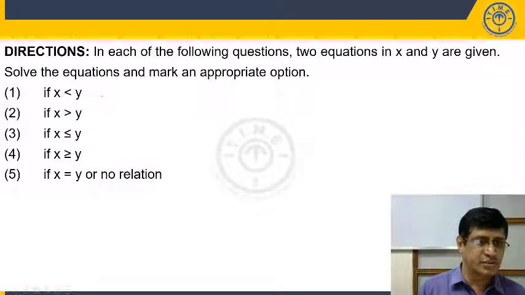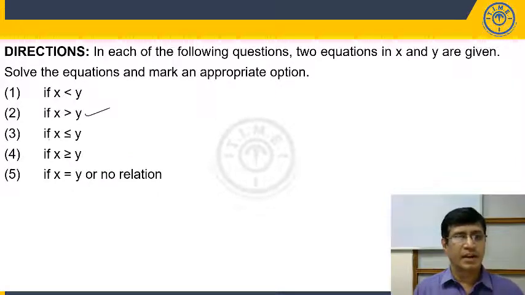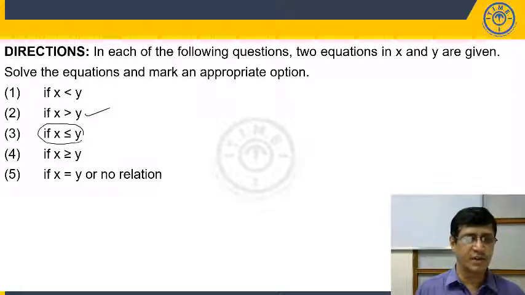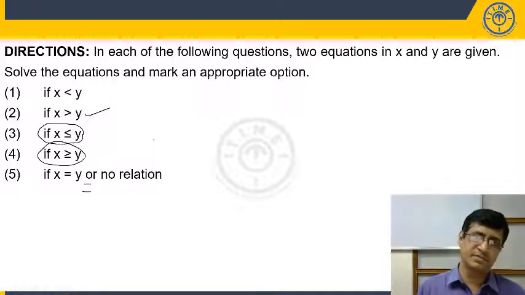When x is more than y, then mark choice 2. And x less than or equal to y, then choice is 3. Choice 4, x greater than or equal to y, and choice 5, x is equal to y or no relation.